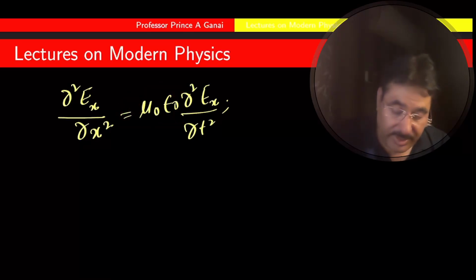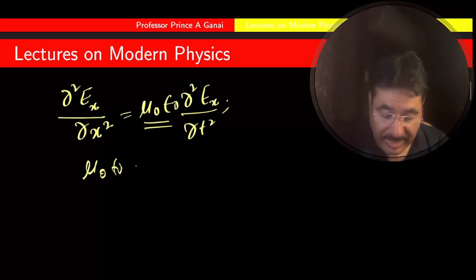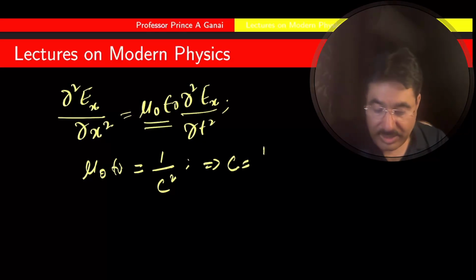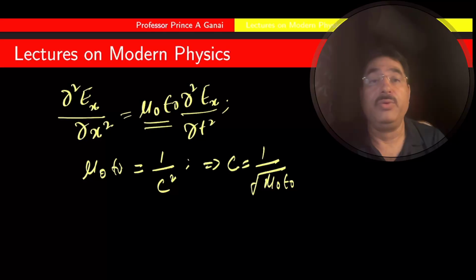So it turns out that mu naught and epsilon naught are both properties of vacuum. And when you multiply them, they're exactly equal to 1 by the square of the velocity of light. It means that the velocity of light, which we calculate in vacuum, turns out to be determined by the electric and magnetic properties of the vacuum.